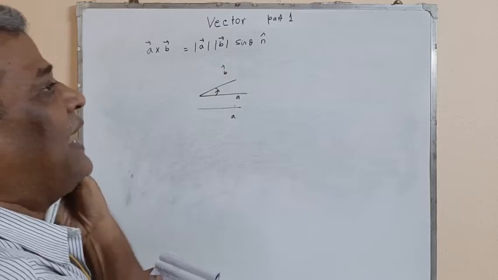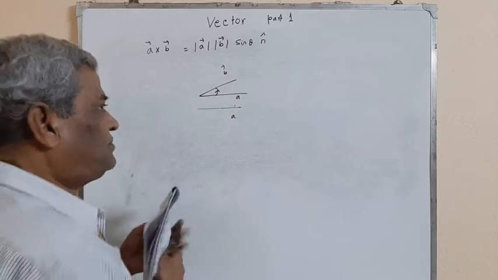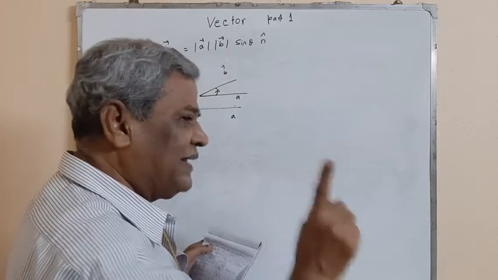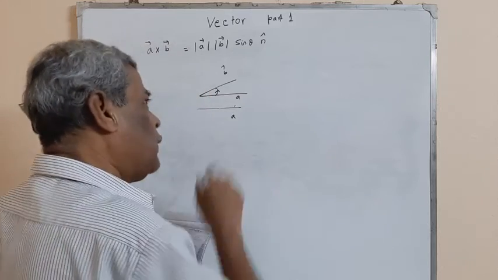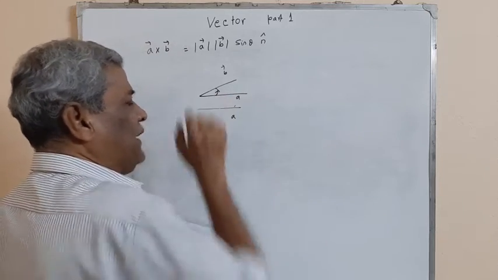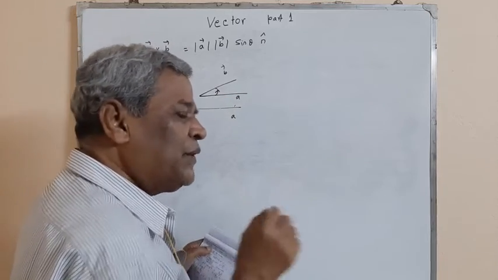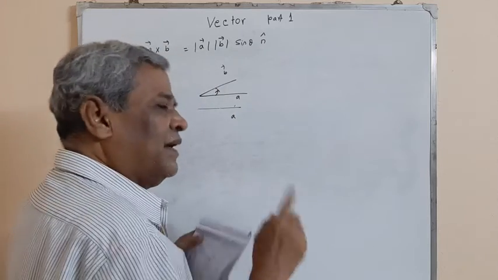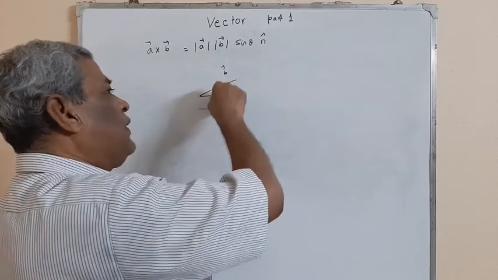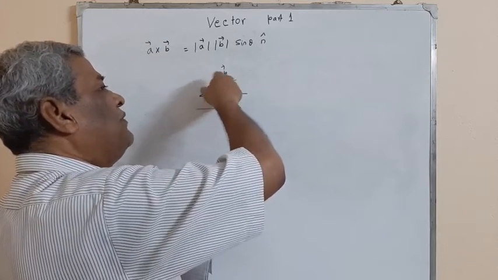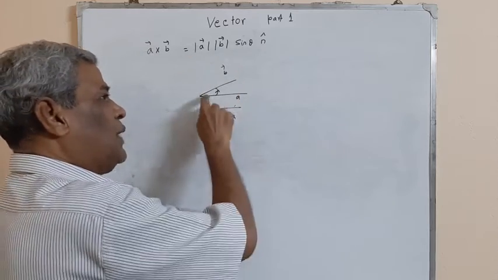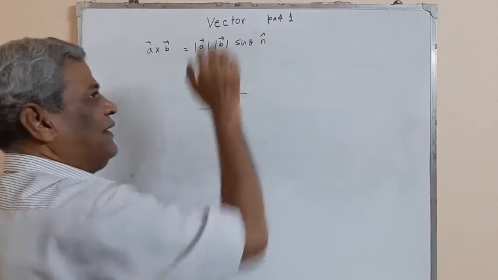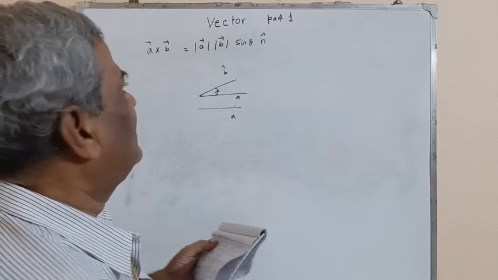Which direction? Actually, direction is, if a right-handed screw rotates from A to B, the movement of the head will be towards this, and this is our n vector.